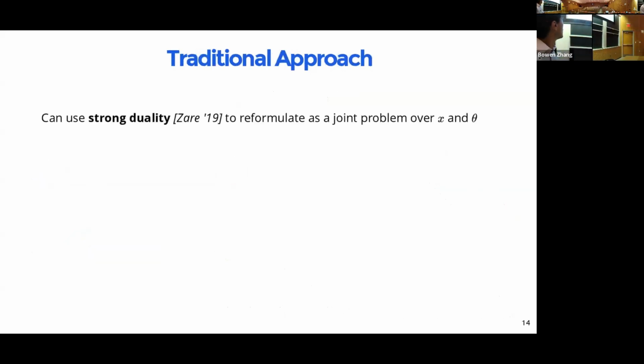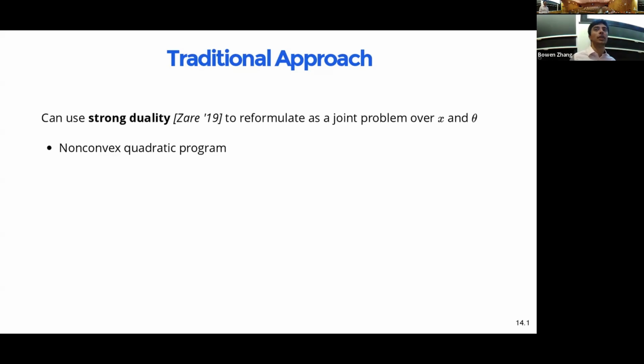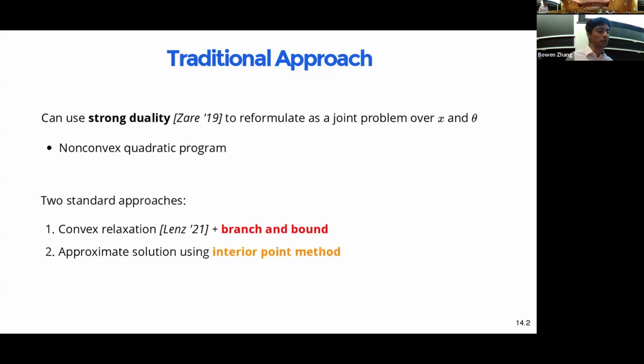Okay, so how does this solve traditionally? In general, this bi-level optimization problem can be reformulated back into a joint optimization problem. But when you do so, it becomes a non-convex quadratic program, which is NP-hard to solve in the worst case, and in general, a pain to deal with. The two standard approaches: first is to apply a convex relaxation to said program, and then use some sort of branch and bound method to find an exact solution.